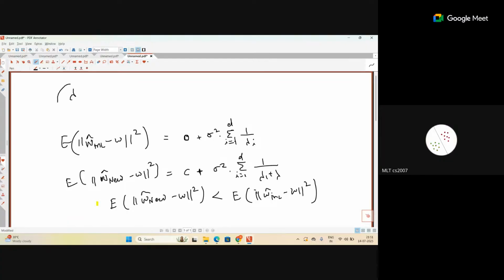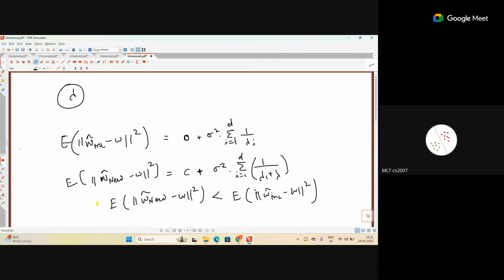But not every lambda will give it, because only one lambda will give the lowest value, though some lambda exists, and that is the best lambda. Can we take it like the mean squared problem, where there is only one global optimum? Yes, you can think of that.